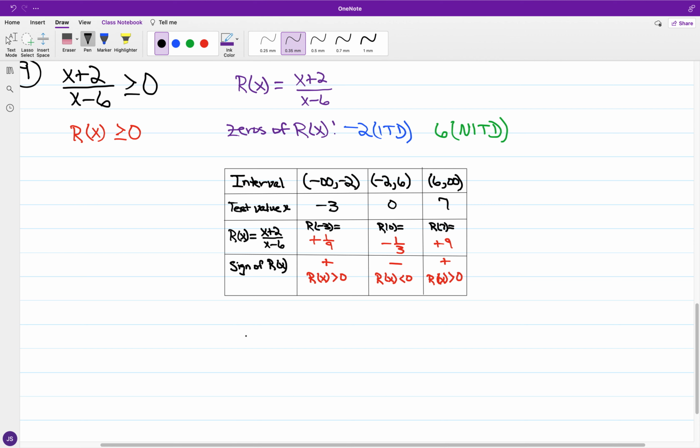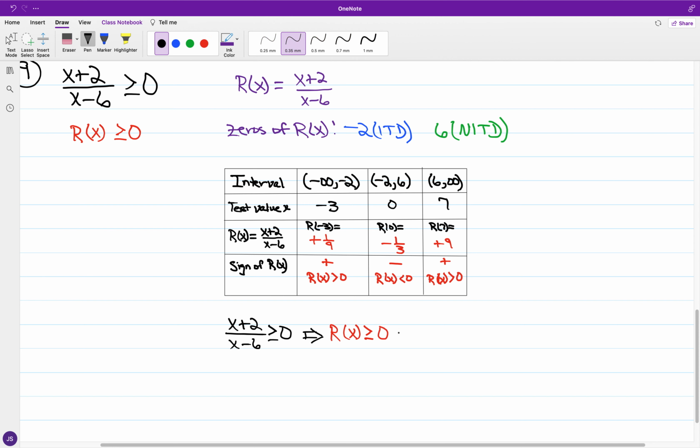Again we have x plus 2 over x minus 6 is greater than or equal to 0. And again, this is referencing where r of x is greater than or equal to 0.